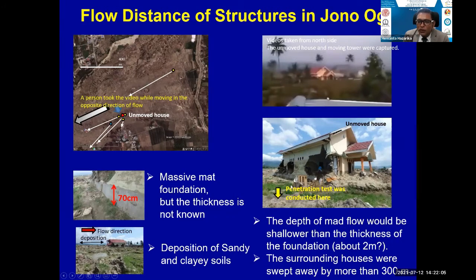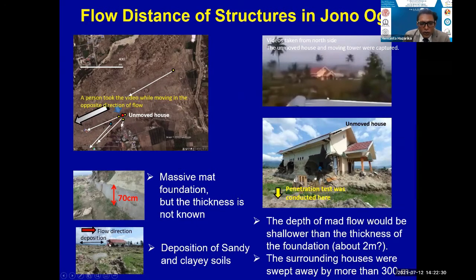You can see the foundation here, the exposed one, about 70 centimeter. We don't know, maybe below you have 2 to 3 meters good solid foundation. That's why probably it could not move. The flow slide thickness would have been less than the thickness of the foundation.